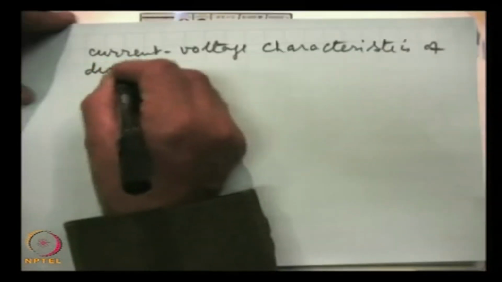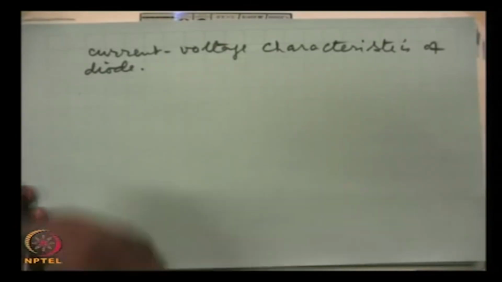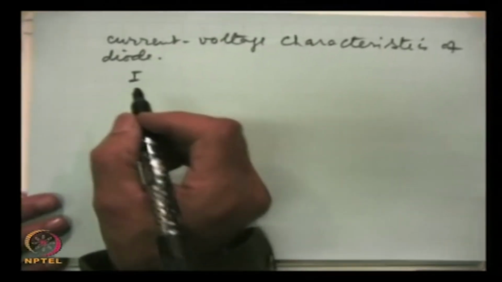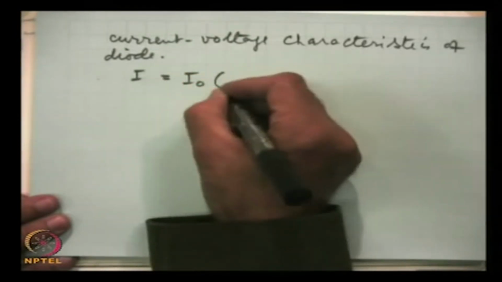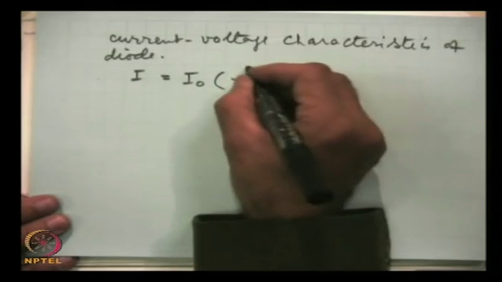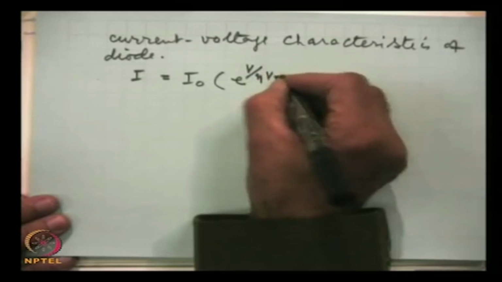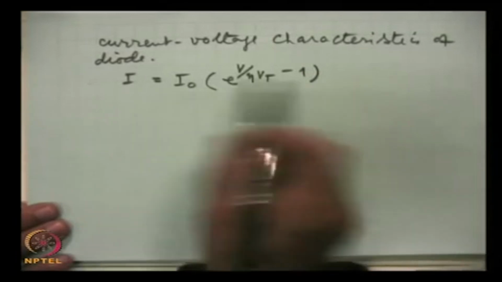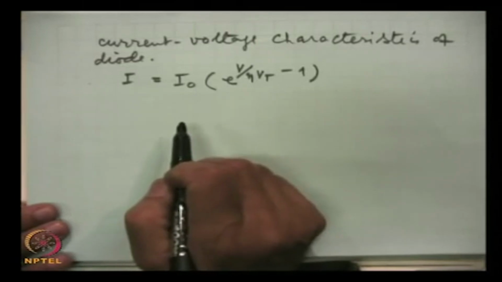Now, we will talk about the current voltage characteristics of a diode. Current I which flows through the diode is related with the applied voltage by this equation. This is the expression which gives the IV characteristics of a diode.